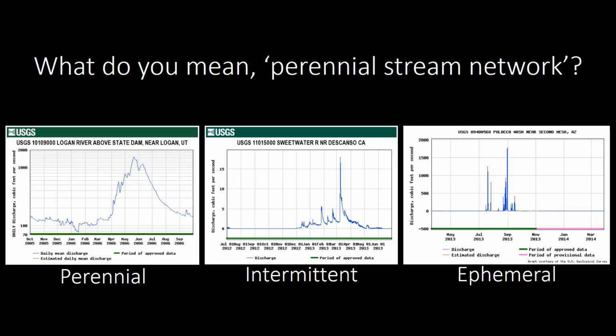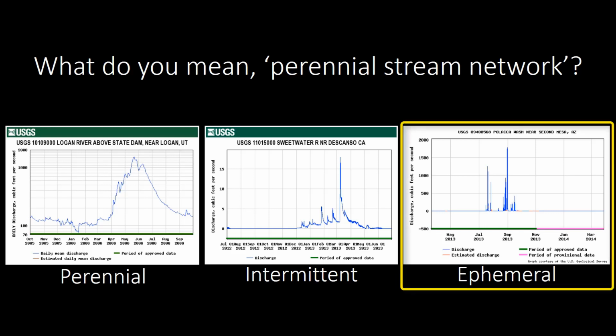And then finally you can have an ephemeral stream, and this is the one that only flows in direct response to precipitation, and whose channel is at all times above the water table, which we can see there in the last hydrograph, where there's just very sporadic flow occurring, most likely due to an intense rainstorm.